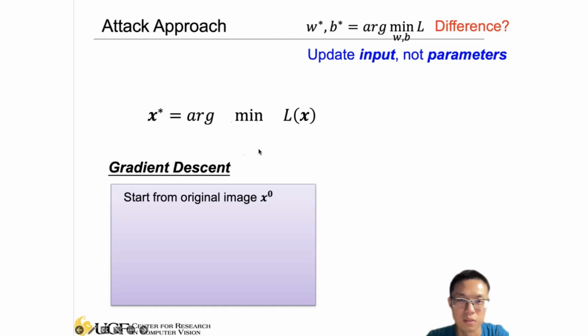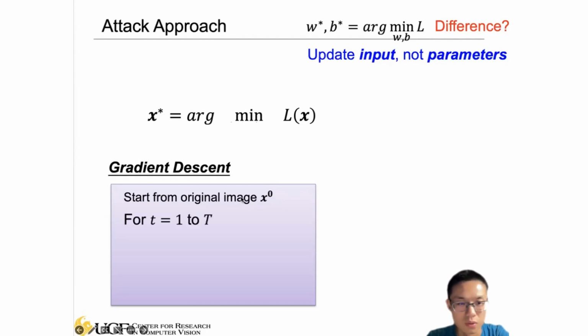Basically, we just want to add some small noise. So it's better we start from the original image and learn what kind of noise to add to it, rather than starting from random noise and gradually learning an image very close to the original one, but which makes the classifier misclassify.